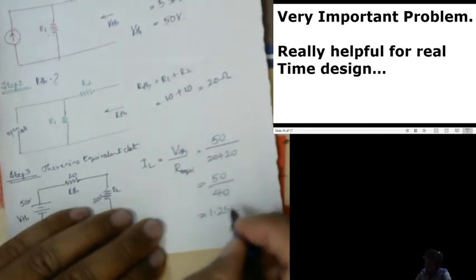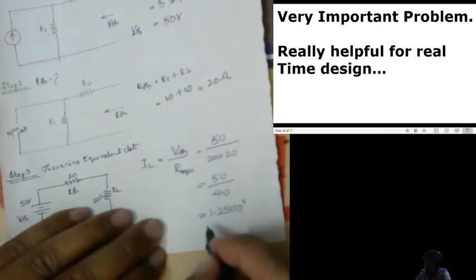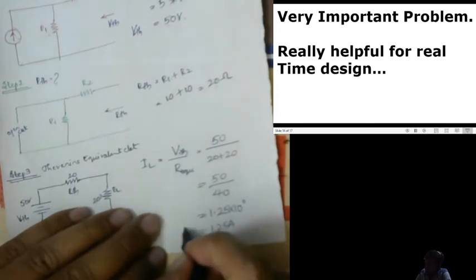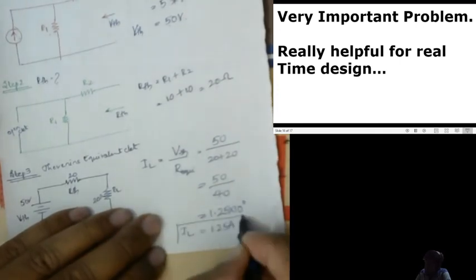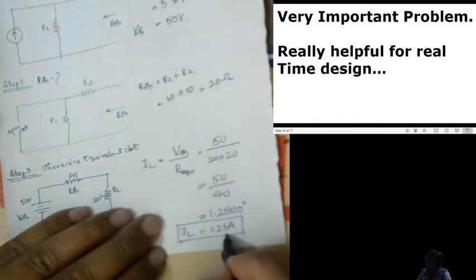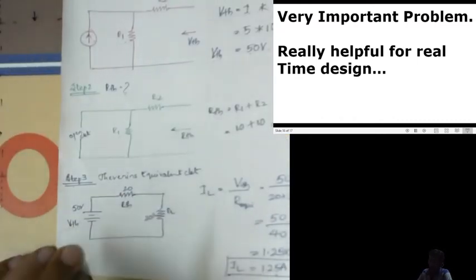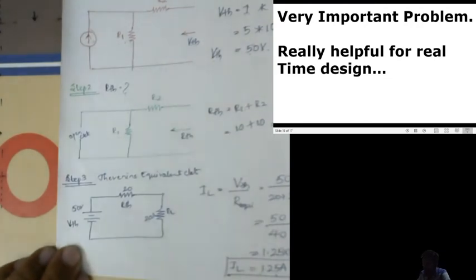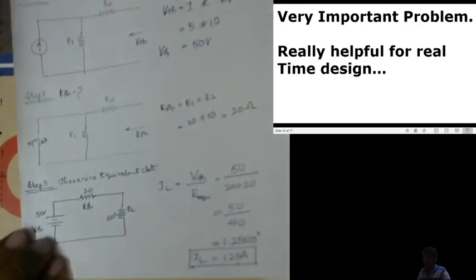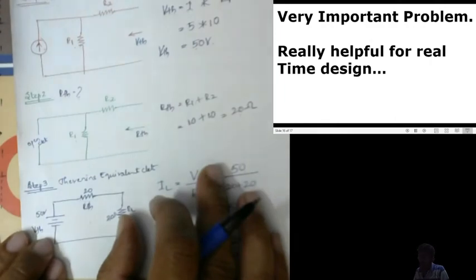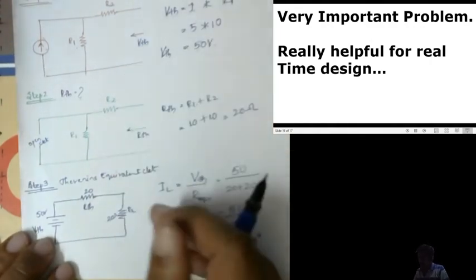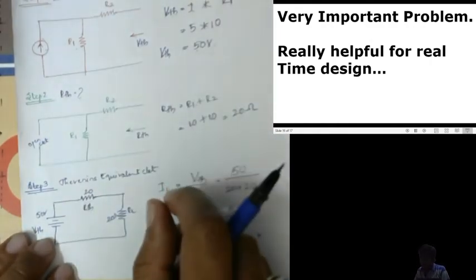This is equal to 1.25 ampere. This is the load current in this circuit diagram. Okay, this is also a very simple problem. You need to follow this procedure.